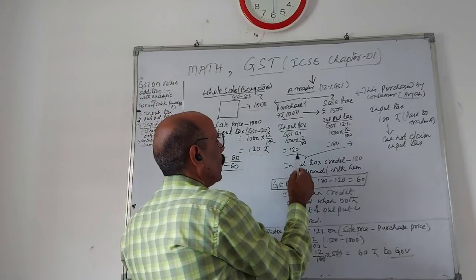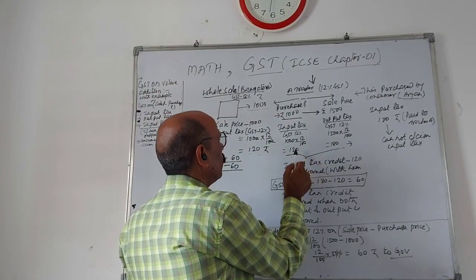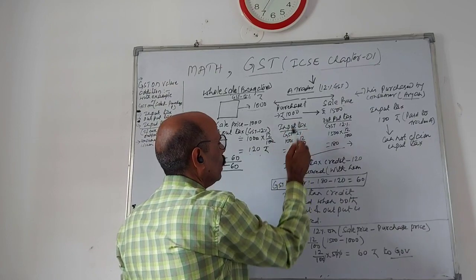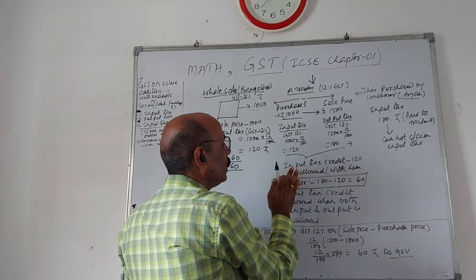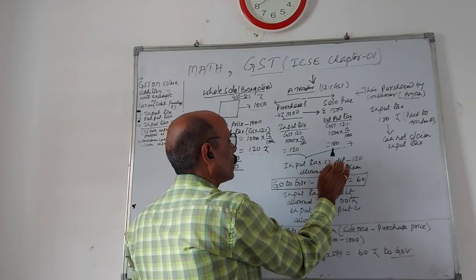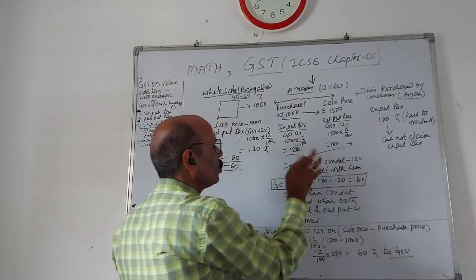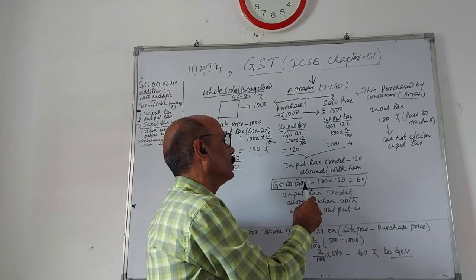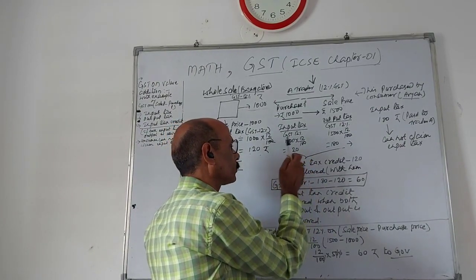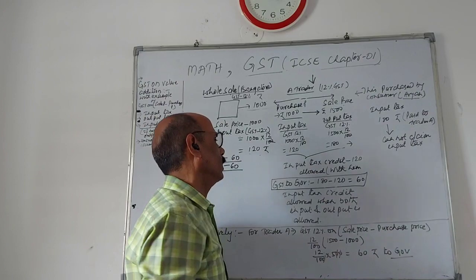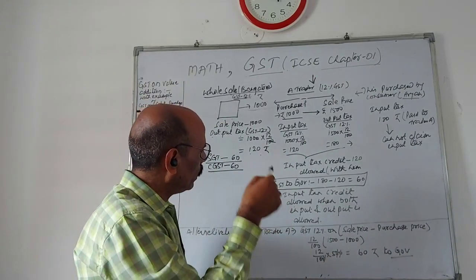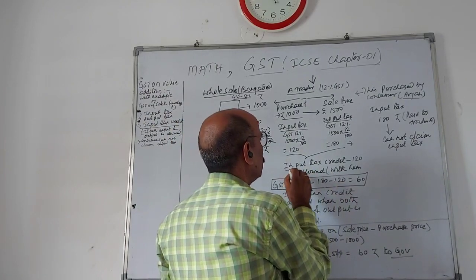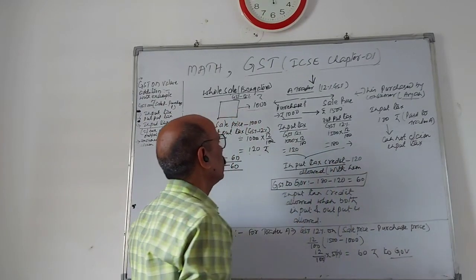See, whatever input tax was paid, for this input tax of 120 rupees, input tax credit is allowed in this GST rule. That means 120 rupees he will keep with himself, credited in his own account. So here, understood what is this input tax credit?